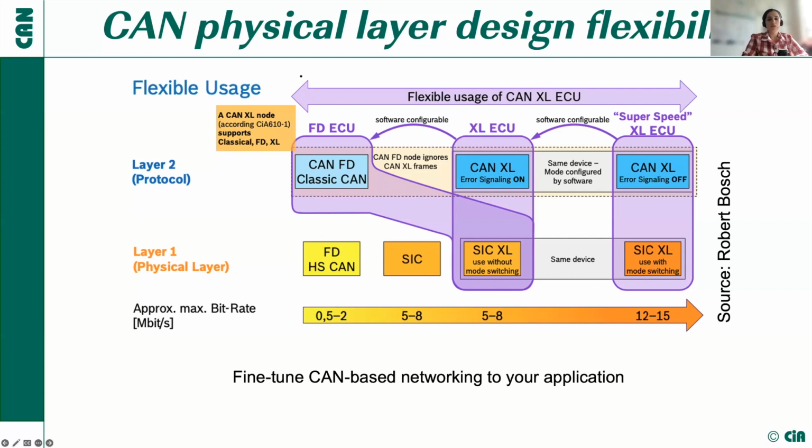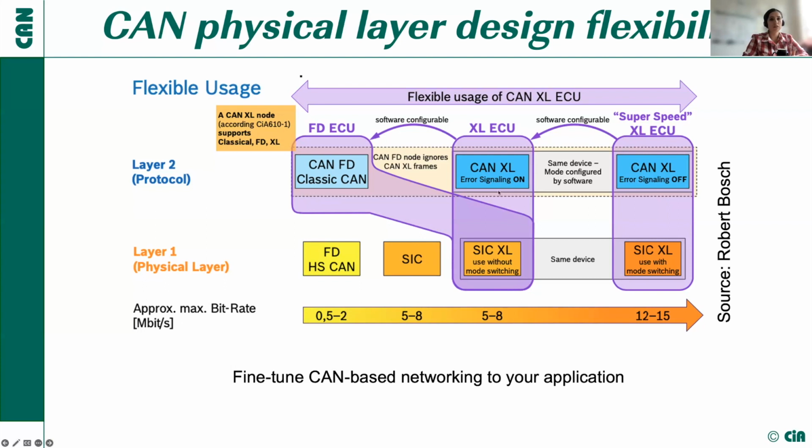For example, here you see using a SuperSpeed XL ECU with a CAN XL protocol when the error signaling is off, and also using a SIC XL transceiver with mode switching, you can achieve a bit rate between 12 and 15 megabit per second.